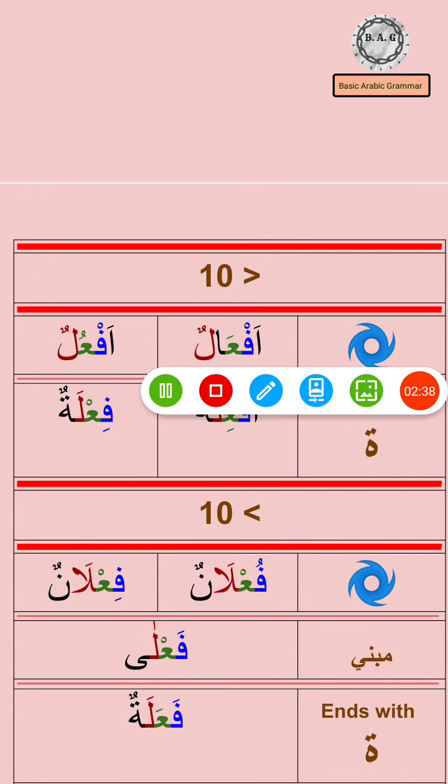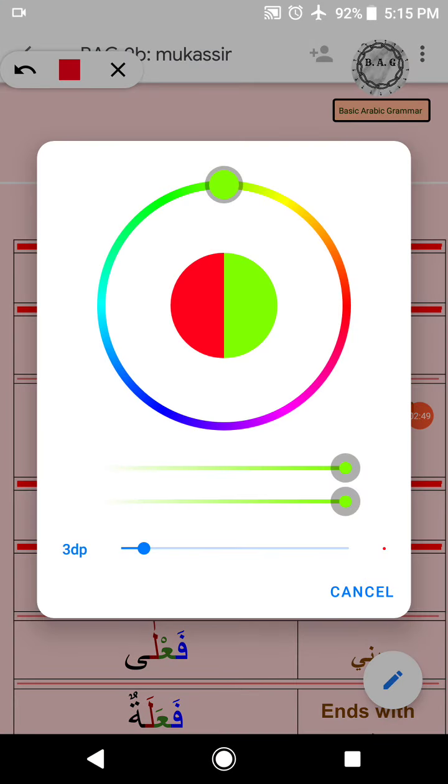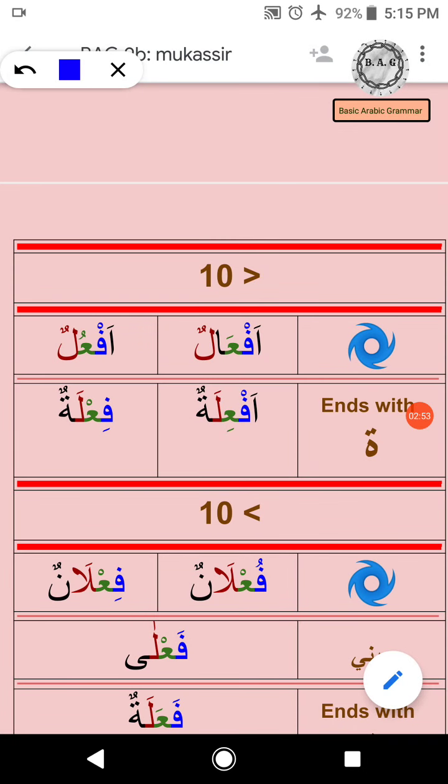All these groupings, by the way, have been done arbitrarily. I grouped them together according to the similarities that I found, and if you wish, you can very conveniently group them according to your own will. Okay, what do we have? The first pattern is af'alun, and the second one is af'ulun, then af'ilatun, fi'latun.